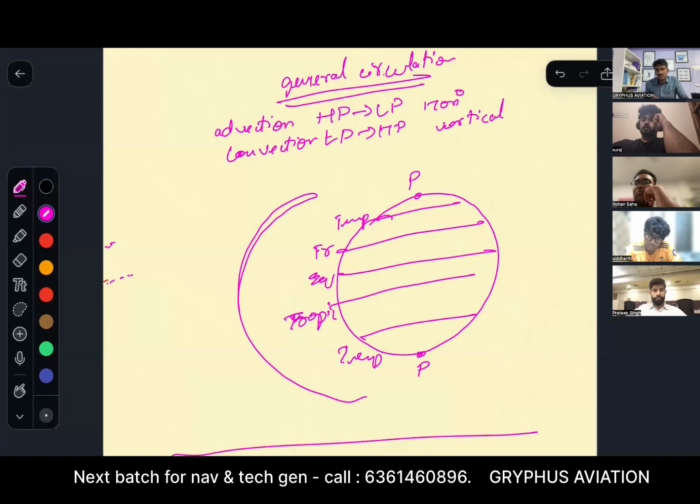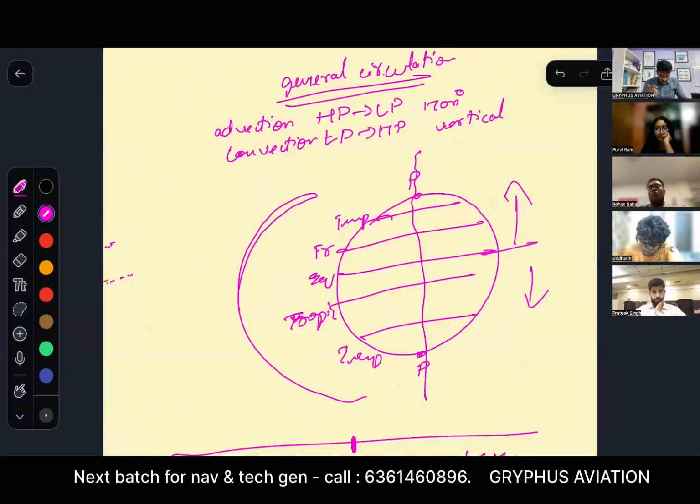Is there any issue in that? This portion I'm cutting basically, this curved part, imagine that I'm making it straight. We can do that, right? So in that, in the center, what it's going to create is the equator. This side you have the northern hemisphere, that is this part. This side you have the southern hemisphere, that is this part. Is it clear till now? Anyone, any issue? All right.